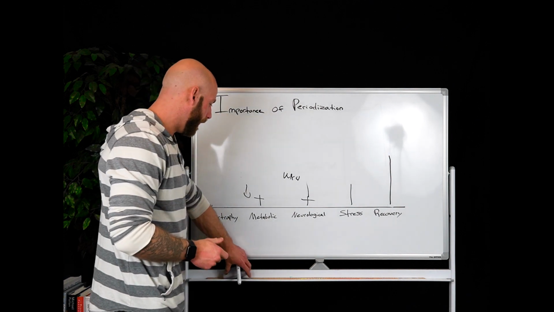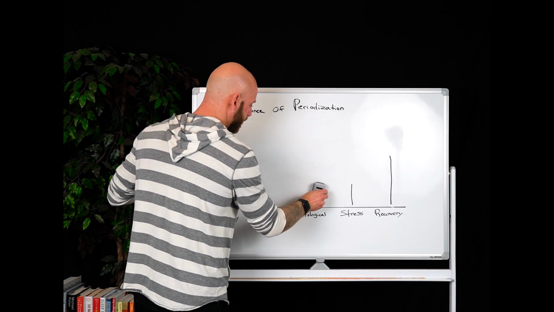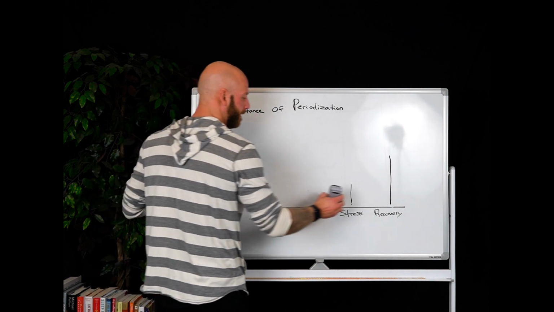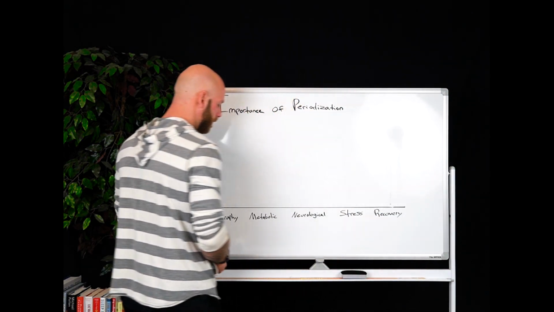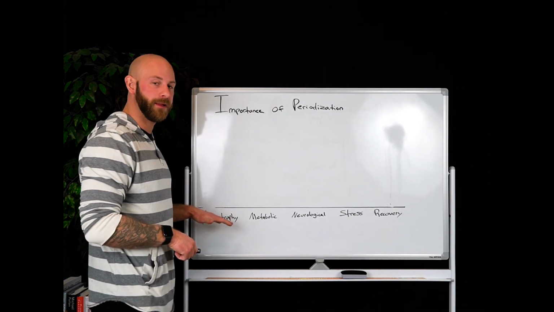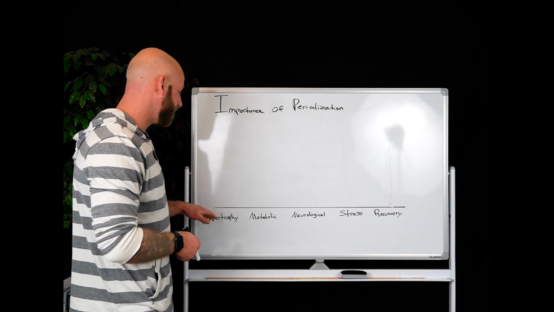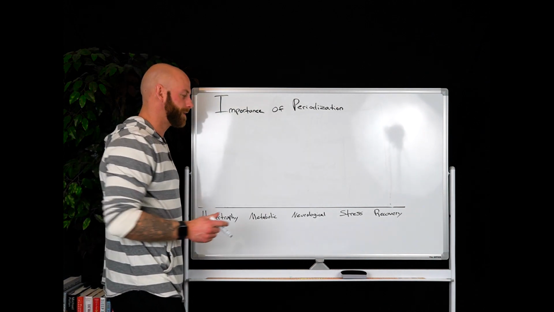Another reason why we change stimuli is because I mentioned it in that video where I got prepared for my photo shoot. While you are in hypertrophy, you're going to want lots of food and glycogen and all that kind of stuff. So what we do is, let's start with neurological.